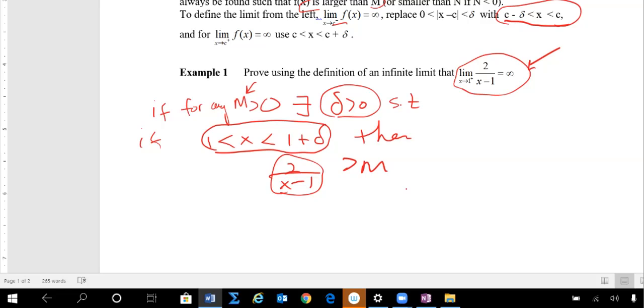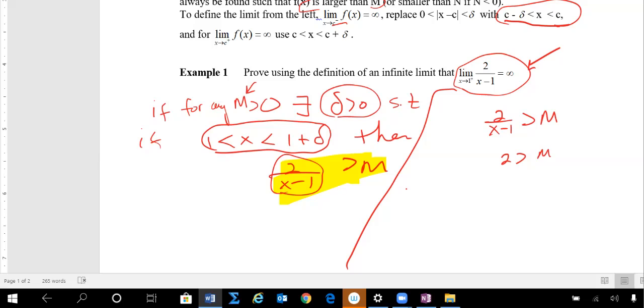So to prove this, we'll start with the function and see what this implies. This is our final statement here, so this is where we're starting on this one. What does this imply about x? Well, let's see. We could say 2 is greater than m times x minus 1.